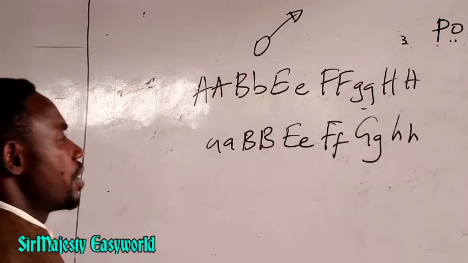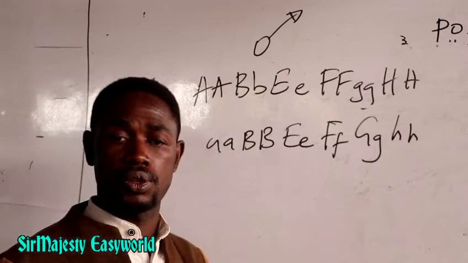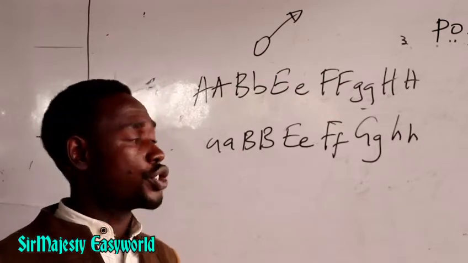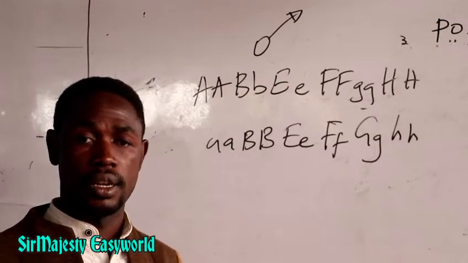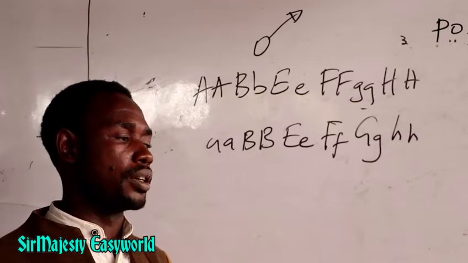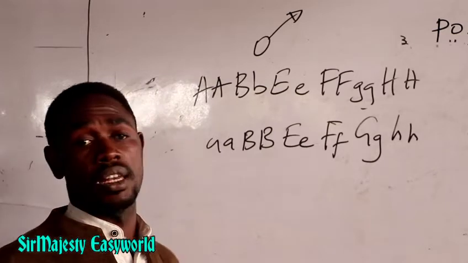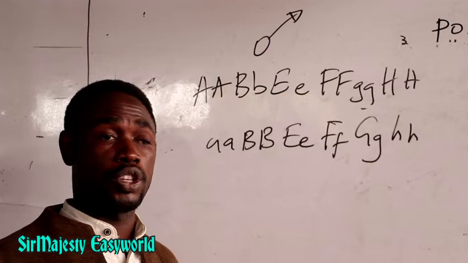But before then, remember that how to get the number of gametes in a given genotype is 2 raised to power n, where n should be the number of heterozygous allele present in the genotype. So if we have homozygous allele throughout, no matter the pairs, even if it's 20 pairs of homozygous allele, what it means is that we have only but one.